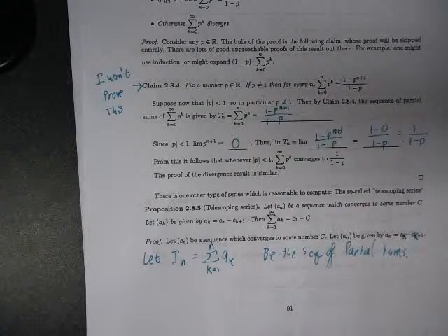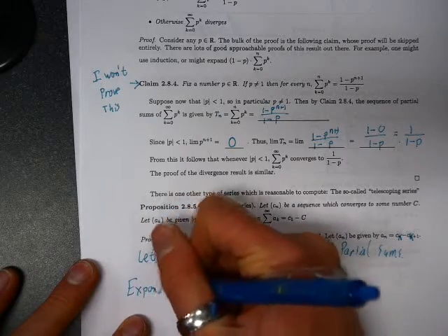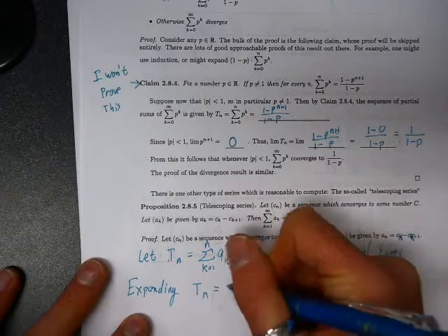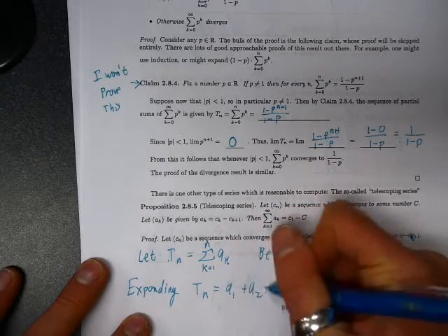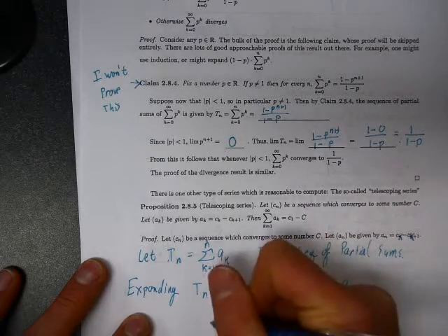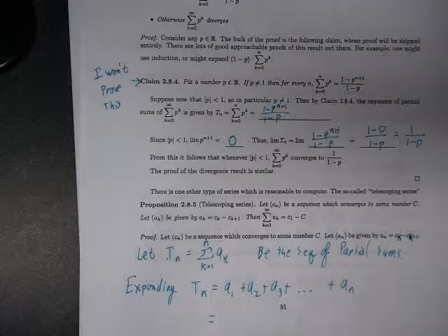Well, let's actually just write down what T_n is and expand it. T_n will be a_1 plus a_2 plus a_3, all the way on up to a_n. And now let's expand out what each of these a_i's are. a_k is c_k minus c_{k+1}.